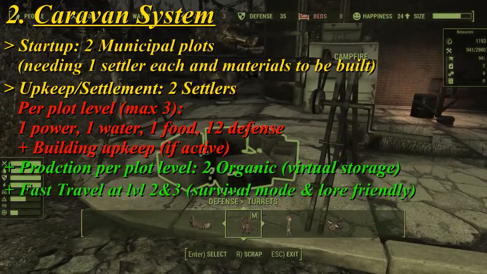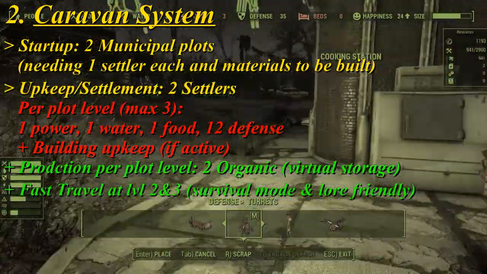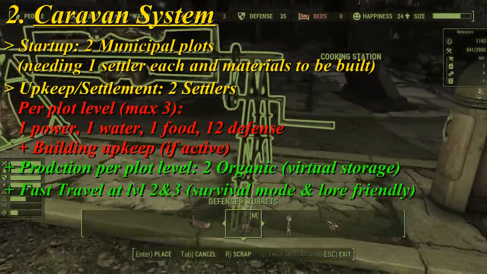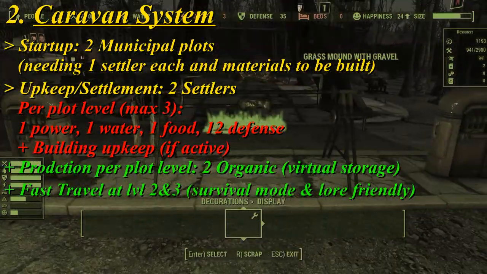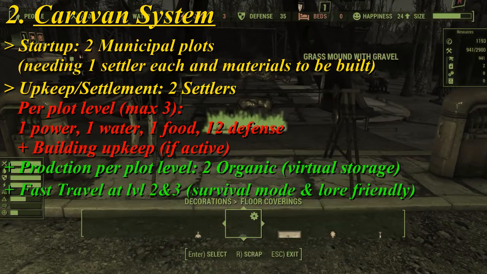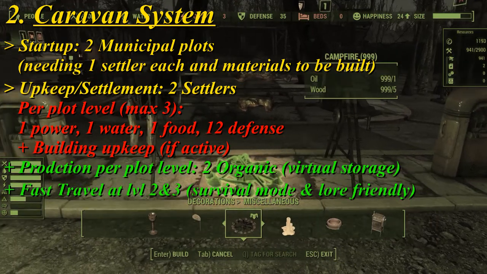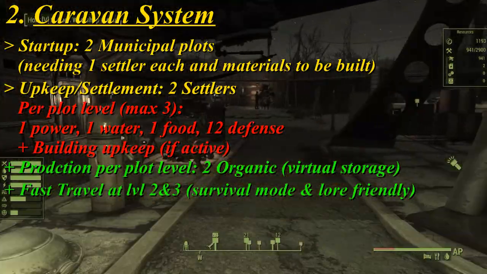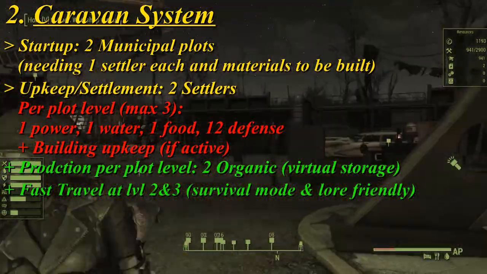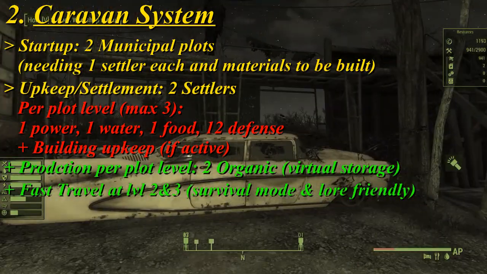The other 2 systems do not permit this. So if you're playing survival mode and you want a very immersive, very lore-friendly fast travel system in survival mode, this overrides the fact that you cannot fast travel normally in survival mode, and now you can using the caravan system. Personally, I don't think it's worth it though, but that's completely up to you.